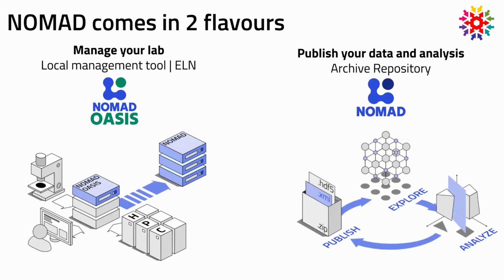So actually, I mentioned the goals of research data management. First, I would like to organize my own lab or your lab, and second, worldwide access to it. And for this, we have NOMAD coming in two flavors. So there's this worldwide repository that I already mentioned, the NOMAD repository, but it has a local copy of it, the NOMAD Oasis.